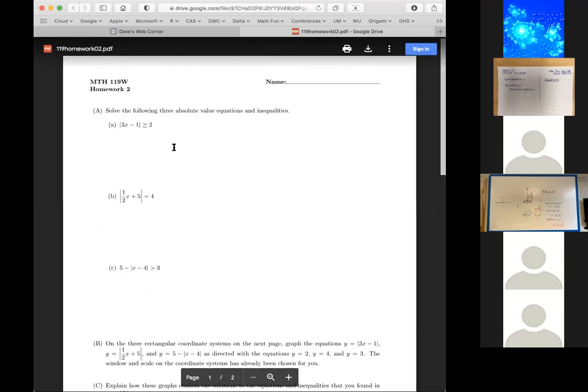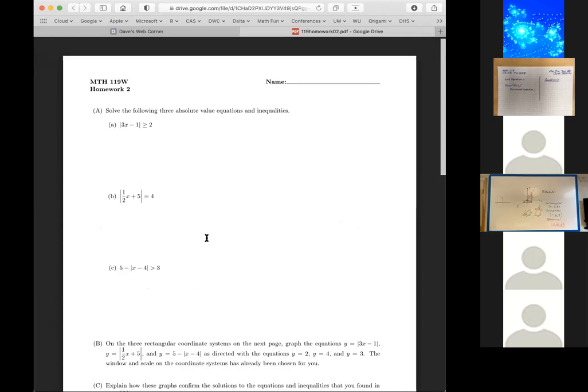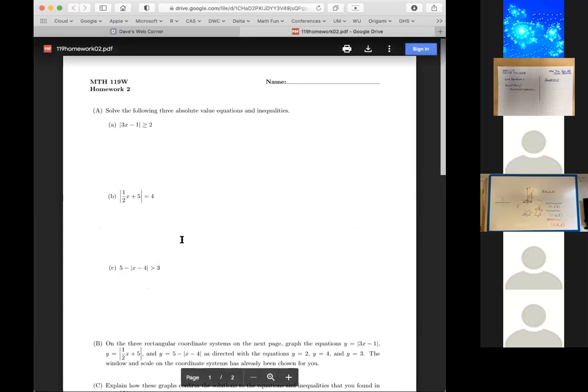So if you solve these successfully and you graph them successfully, you ought to see in the picture the thing that you found over here as an answer. Okay. And so that's a start. Try that first and get back to me if you still have a question.